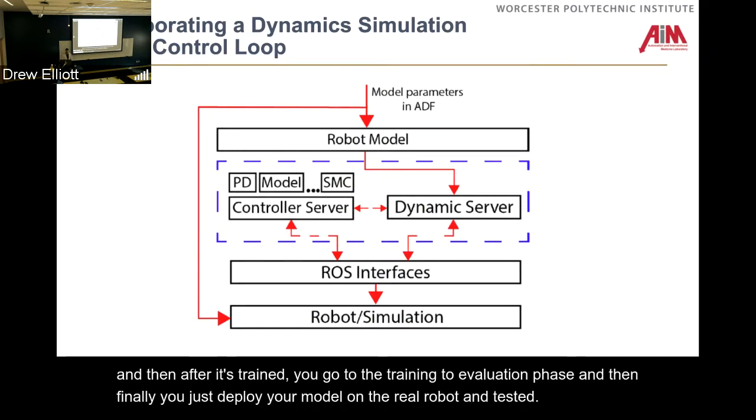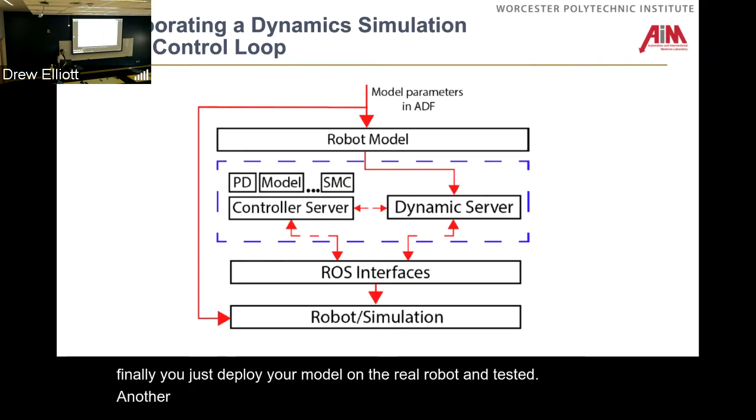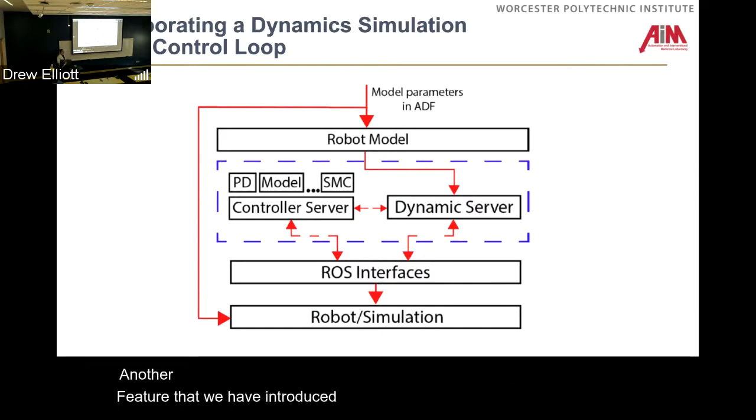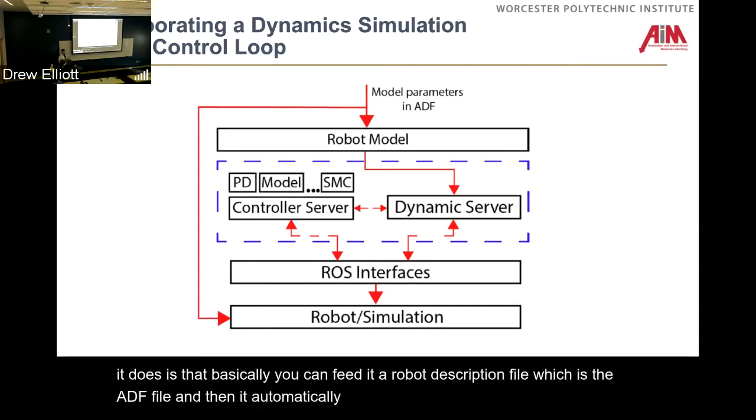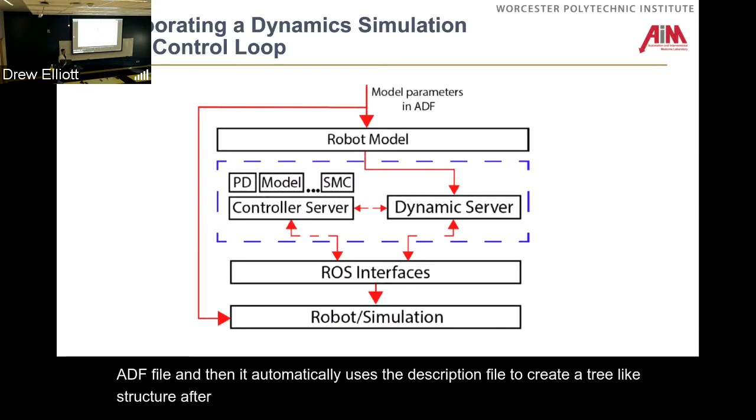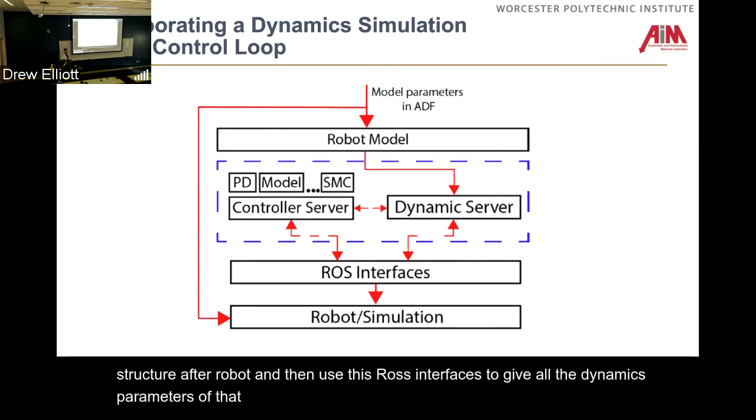Another feature that we have introduced to the AMBF is the dynamic server, where basically you can feed it a robot description file, which is the ADF file, and then it automatically uses the description file to create a tree-like structure of the robot, and then uses ROS interfaces to give you all the dynamics parameters of that robot using ROS service calls.